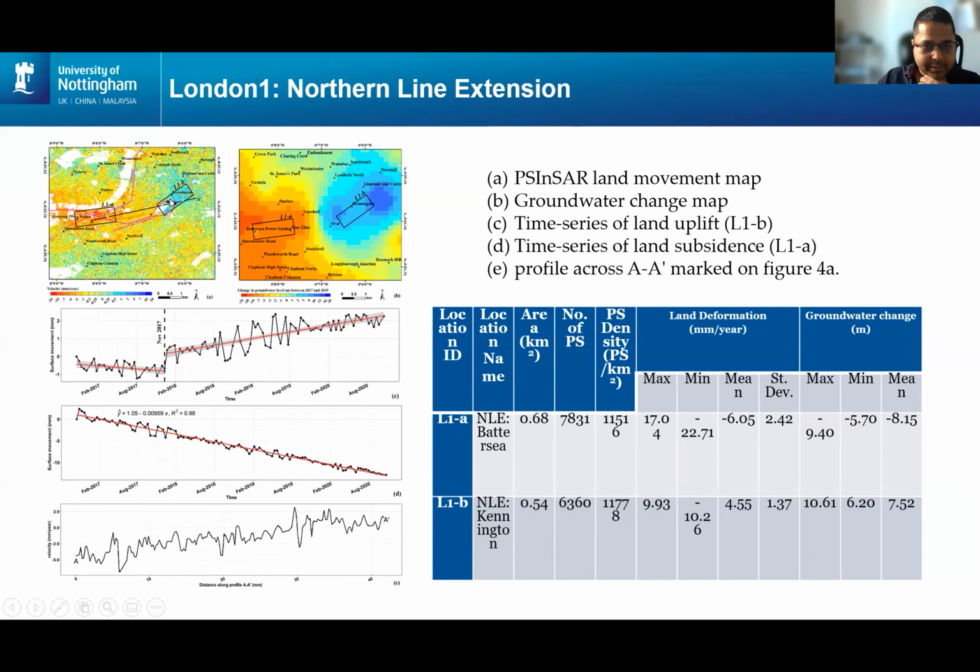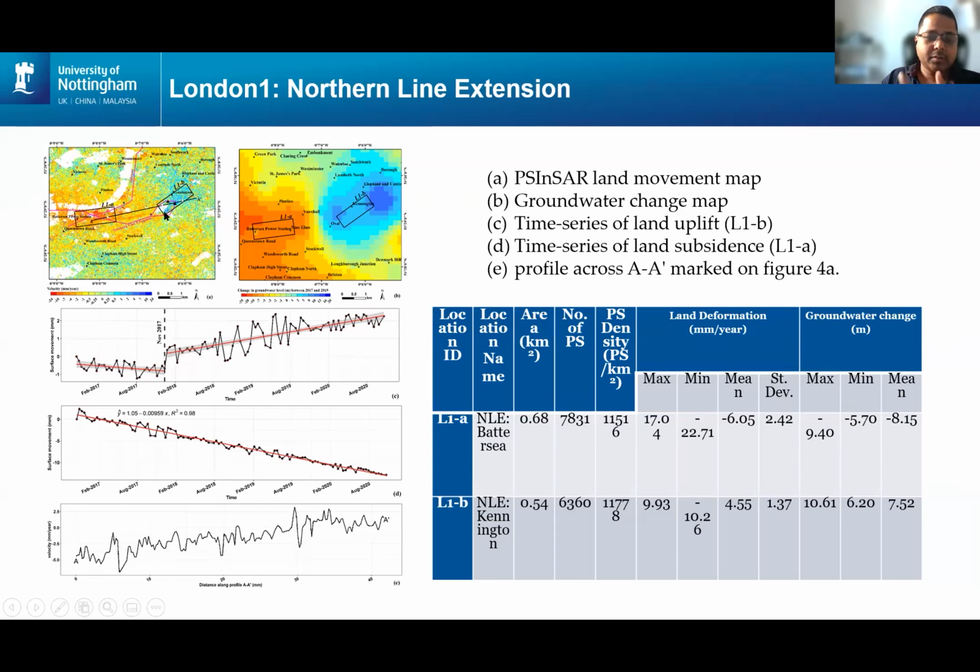For example, in this Kennington area, the blue area represents uplift. But when we draw the time series, the initial part shows subsidence and then suddenly uplift. In the literature, for this Northern Line extension, tunneling was done in the Kennington area, starting at the end of 2016 and stopping by the end of 2017.